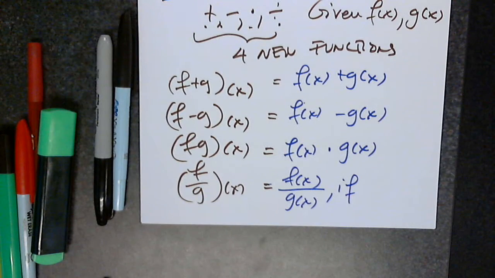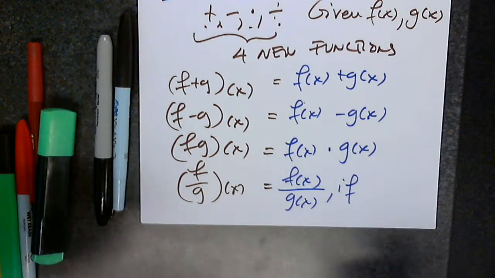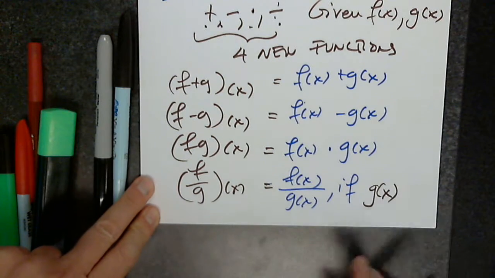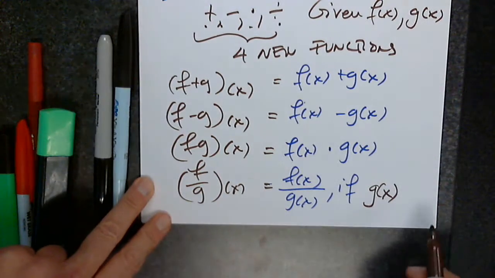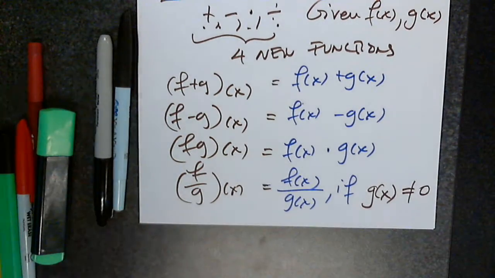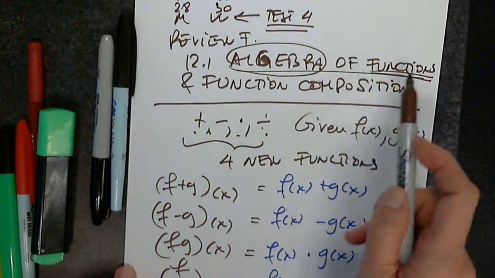The previous 3 did not have an if. But this one has an if. If what? If g of x, then we will be in trouble. Does not equal 0. Good. So this is algebra of functions.